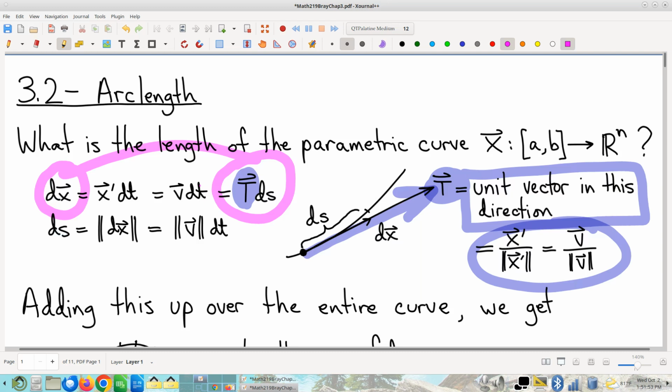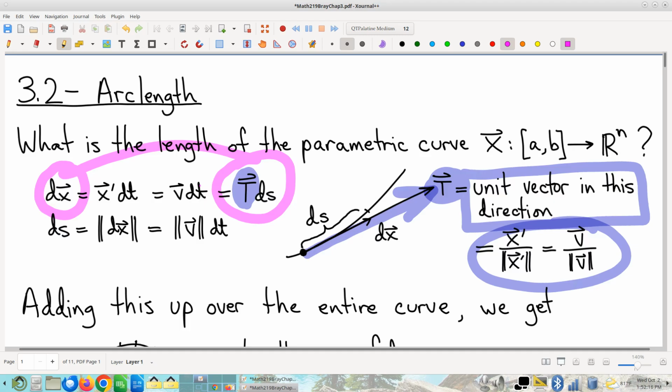Here's what I think is ultimately a more satisfying take. If you think about it, dx being as it is a vector, it has a direction and a magnitude. And let's just look at the dx vector. T is the unit vector representing the direction that dx points right there in the picture, and ds is the magnitude.